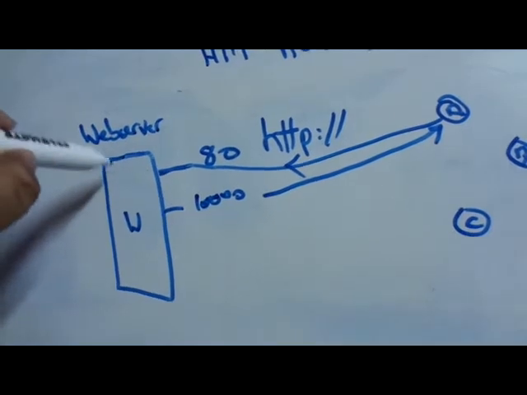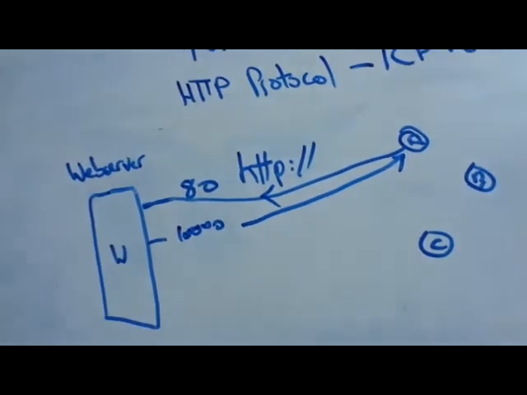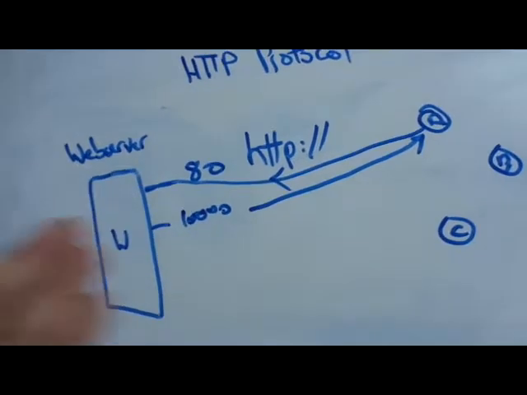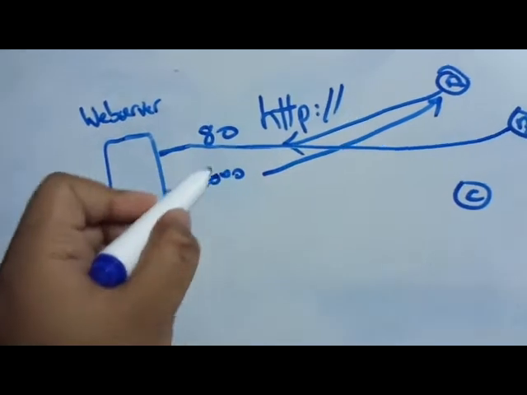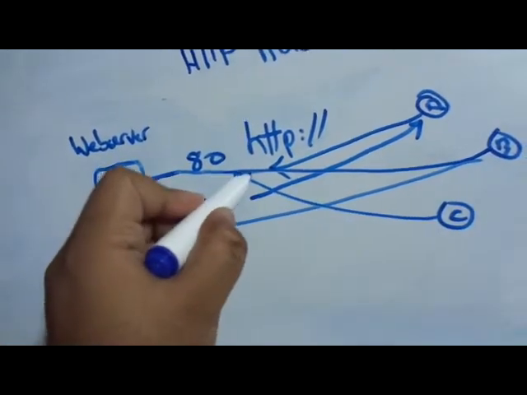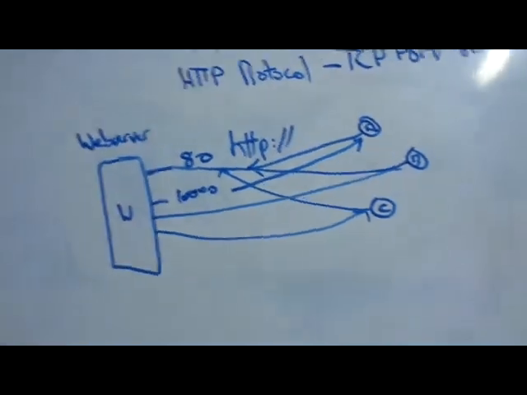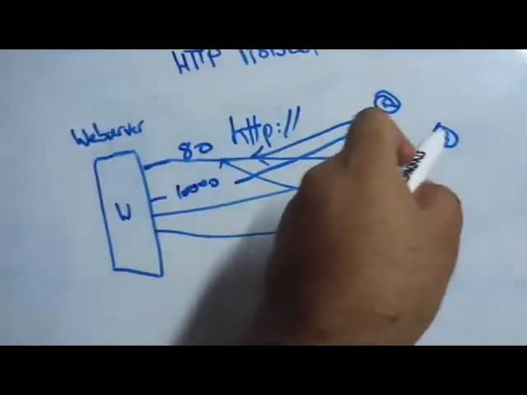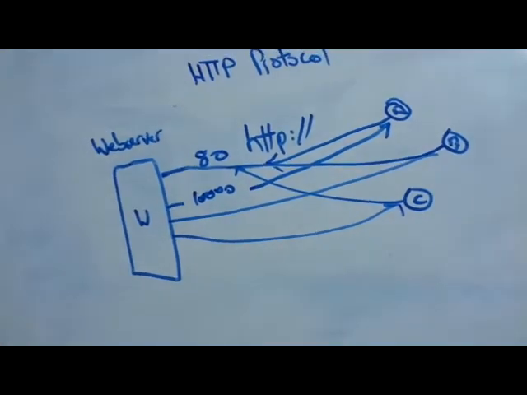The web server responds back on another port to A, with the web page, and that's how you get the web page. And that happens for B. Another port will open. C goes to port 80, and another port will open again. So multiple ports are open because multiple clients are trying to access the website.